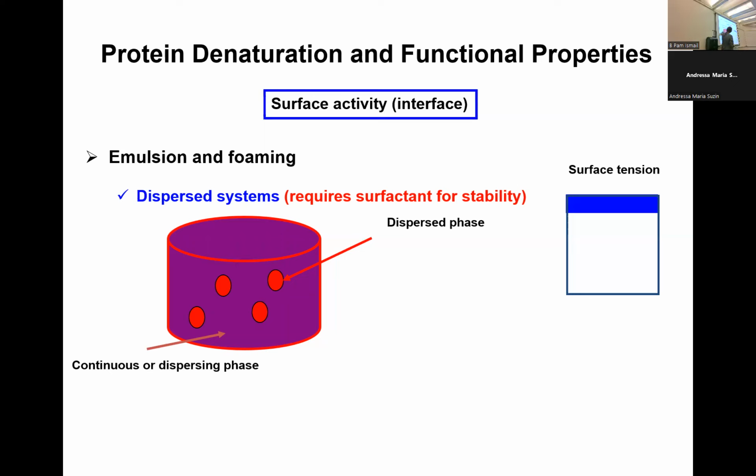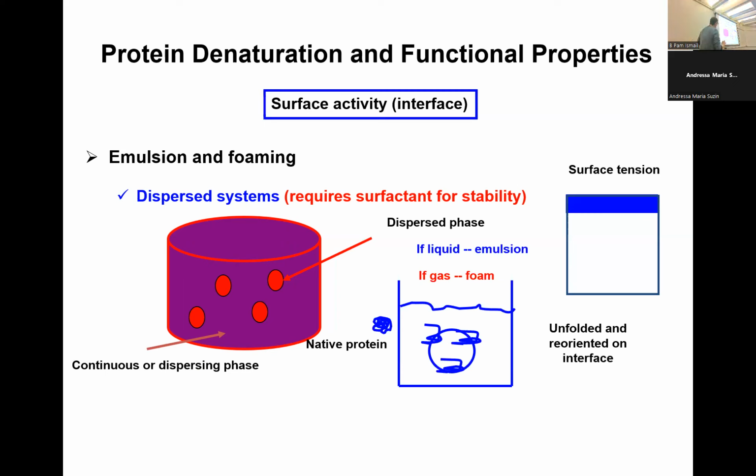Usually when we have an emulsion or foam, we have two phases. You have the dispersing phase, or the continuous phase, and then you have the dispersed phase, that is either oil droplets or air bubbles.